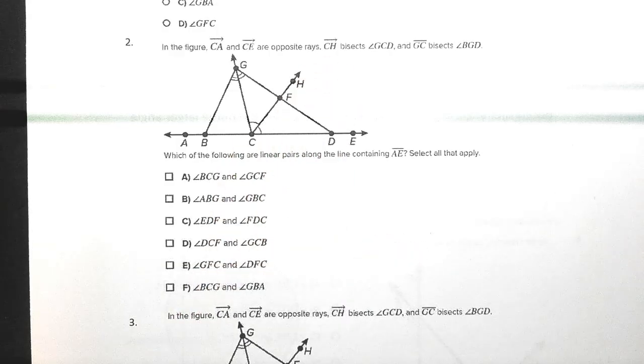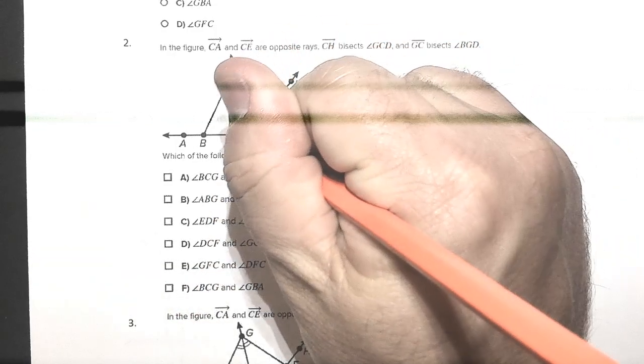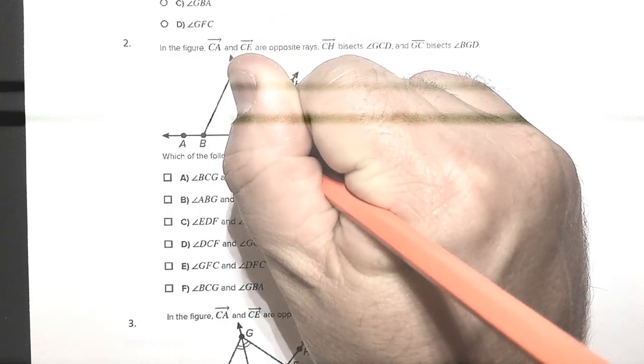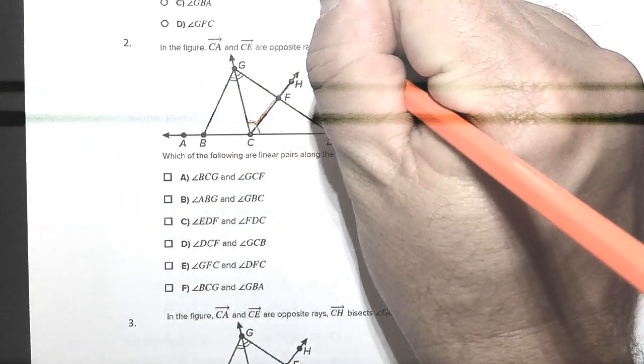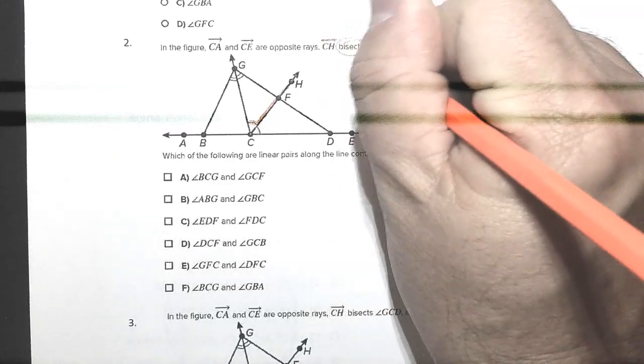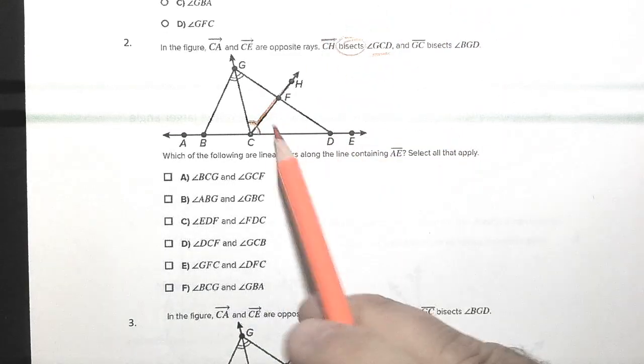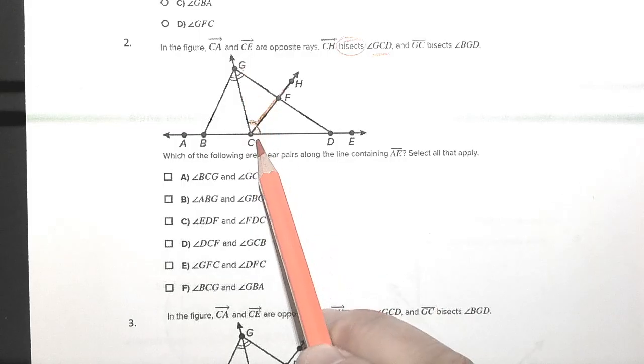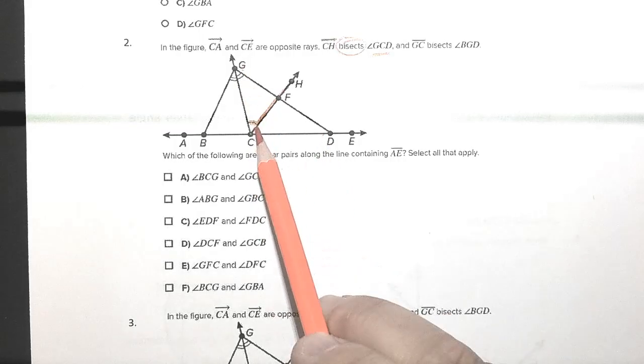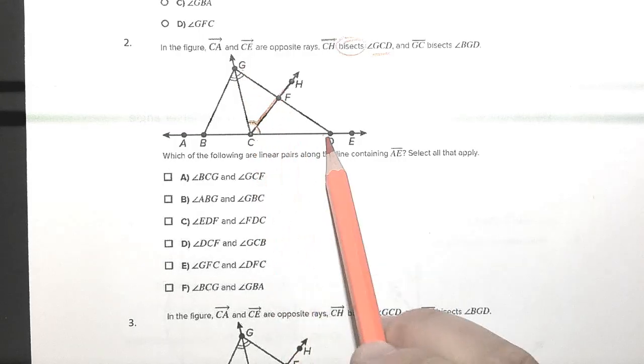CH bisects these two angles. CH bisects that angle and makes these two. Sorry, it bisects GCD, so it makes GCF and FCD.